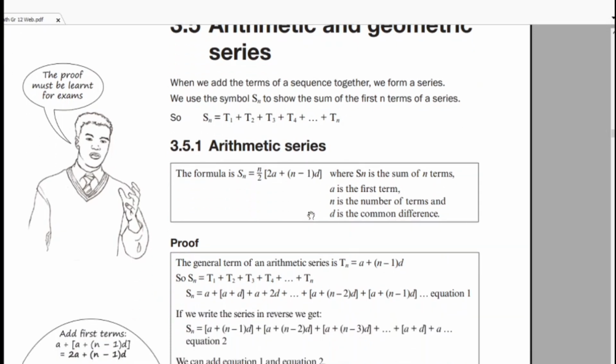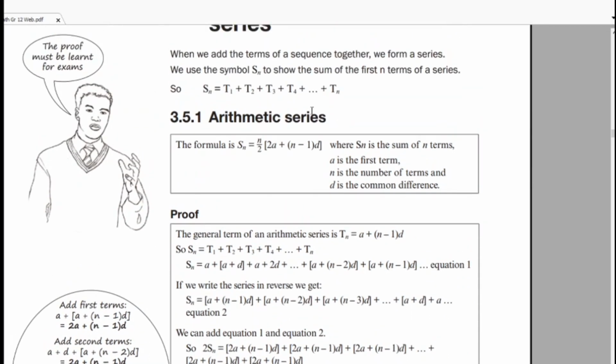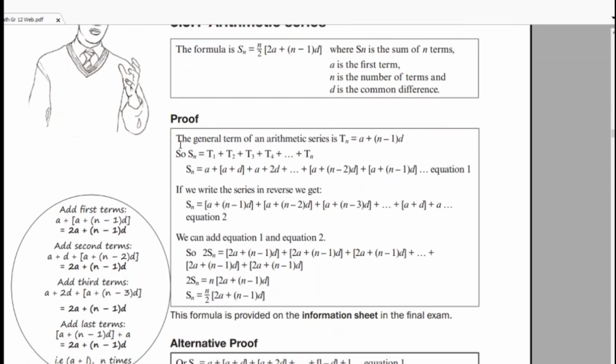So they then follow with a proof of how they arrived at this Sn formula. This proof must be learned for exams, right? If you read through this proof, you will see that it makes sense the way it is structured. I can create a separate video if the proof of the formula for Sn confuses you.